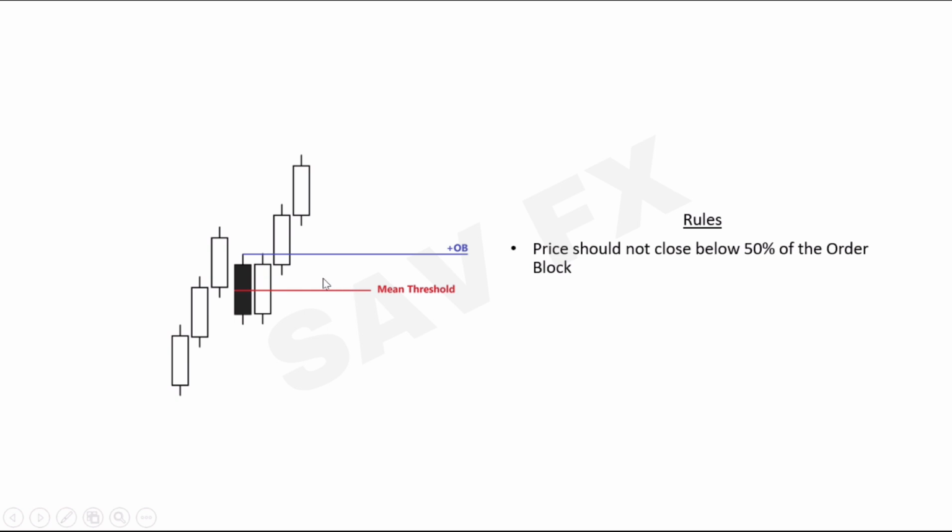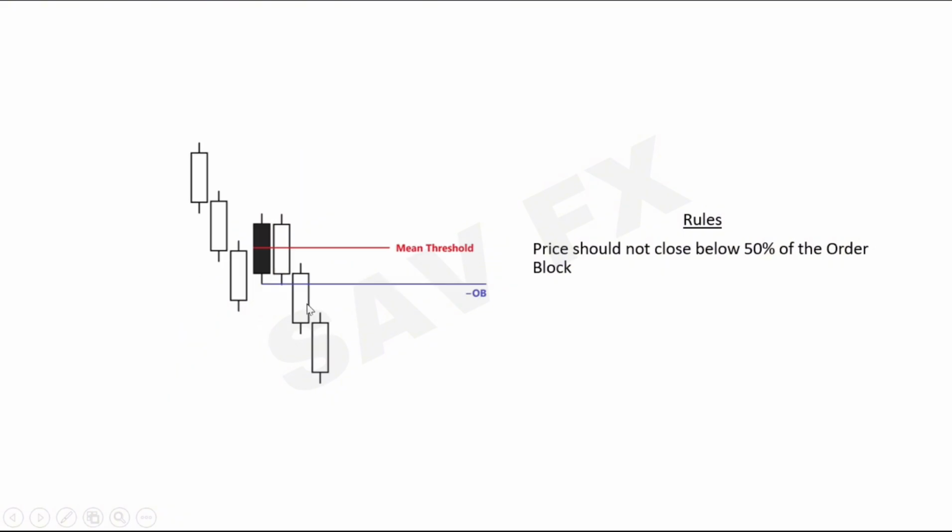Because usually when that happens, you can manually close your trade, because there's a very high chance price is going to seek to target the low, the sell side, the low of the order block, and that might even indicate a shift instead of delivery. So generally, in simple terms, you do not want to get involved if price closes below. It can wick through, but it shouldn't close below the mean threshold. Vice versa for a bearish trend.